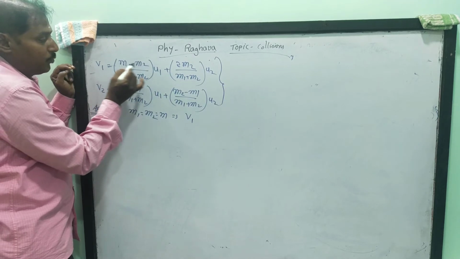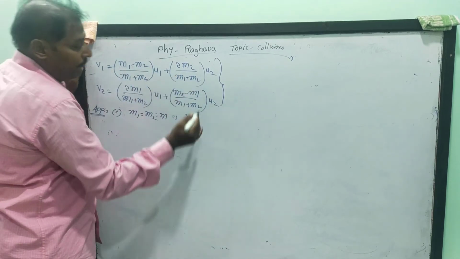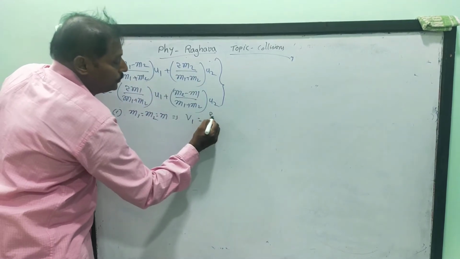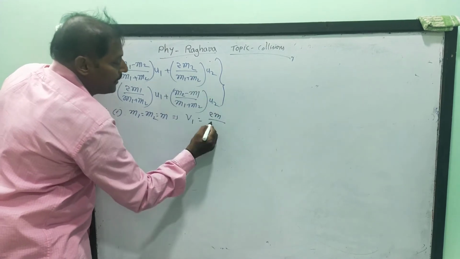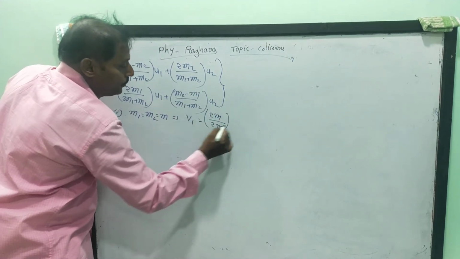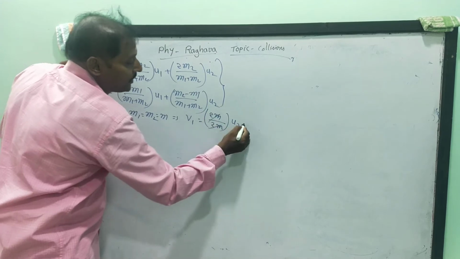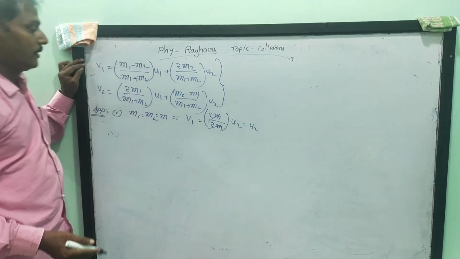Since m1 and m2 are the same, v1 is equal to 2m divided by (m plus m), 2m into u2. So simply we get u2.